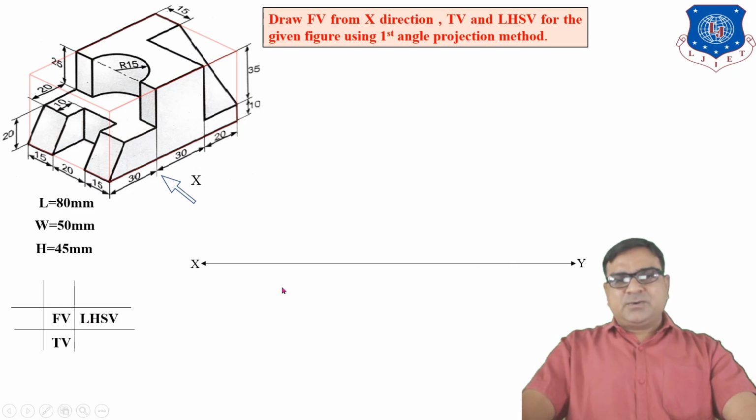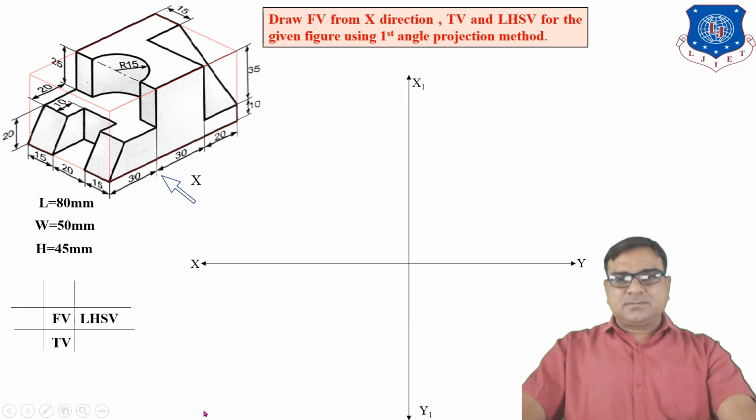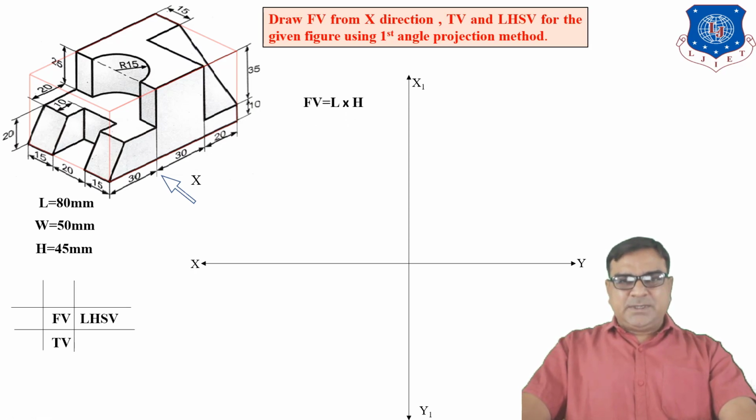First you have to draw an XY line, then X1Y1 from any point, perpendicular to XY. Now the front view is one rectangle whose size is length and height.